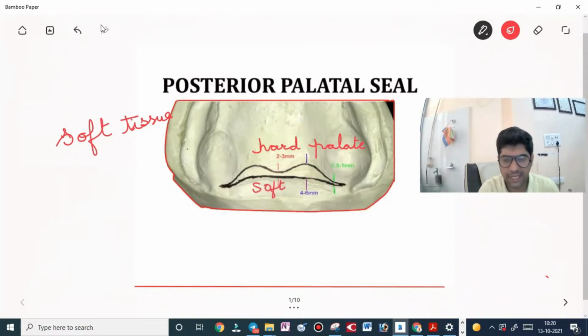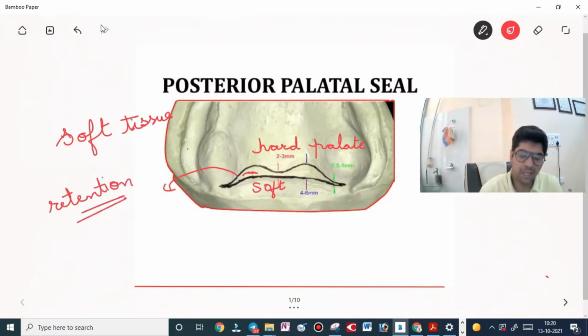So remember, the posterior palatal seal is present on the junction of the hard palate and the soft palate, on which pressure is applied within the physiological limit by the denture that aids in the retention of the denture. So remember, the main function of the posterior palatal seal is to provide the retention of the denture.